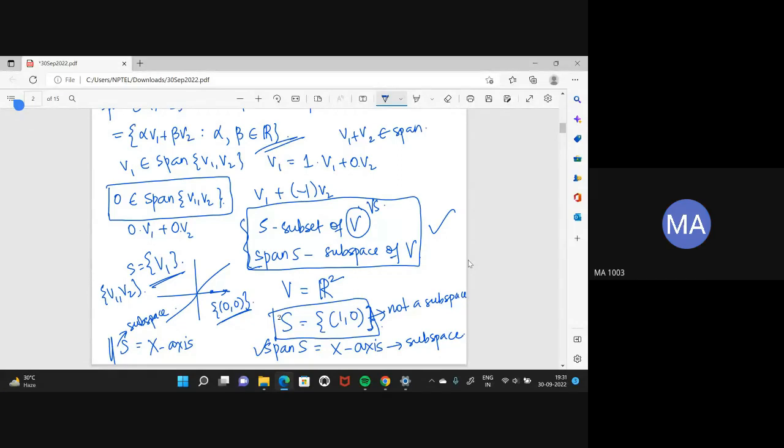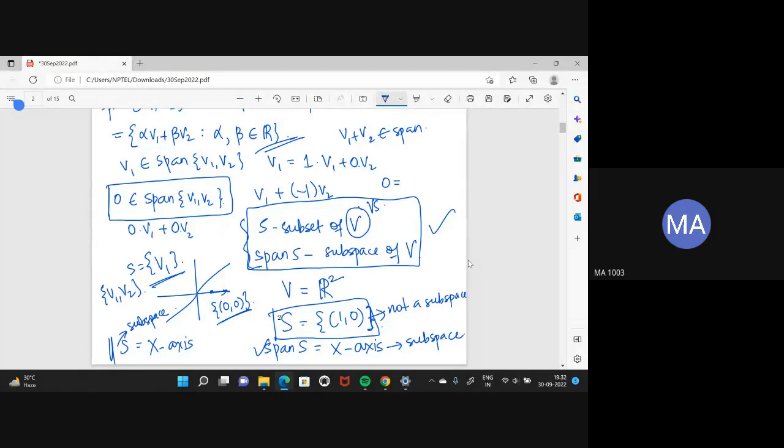Why? Because if you have one vector, the span is going to give you a line passing through the origin. Now tell me, why does it pass through the origin? Because 0 is always in the span. You can multiply by 0. You can put all coefficients as 0, no? So 0 is always going to belong to the span, right? Means every time 0 will be in the span.